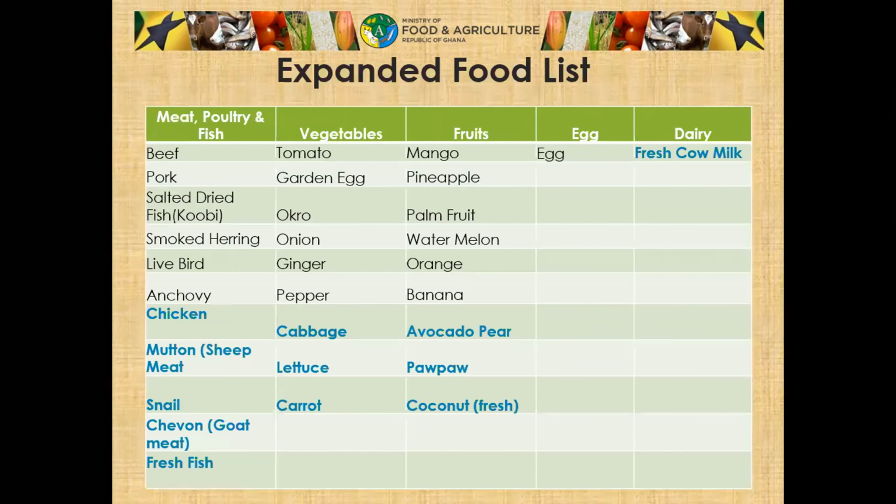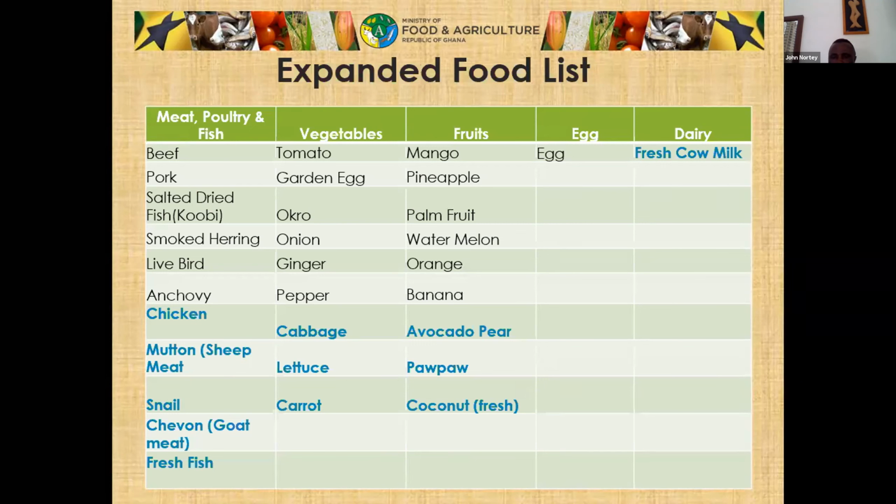We also included chicken in the meat, poultry, and fish section. We included mutton, snail, and fresh fish. Until IANDA came along, we were not collecting prices on these products. We also included cabbage, lettuce, carrots, and other vegetables, and avocado pear, pawpaw, and fresh coconut under the fruits column.